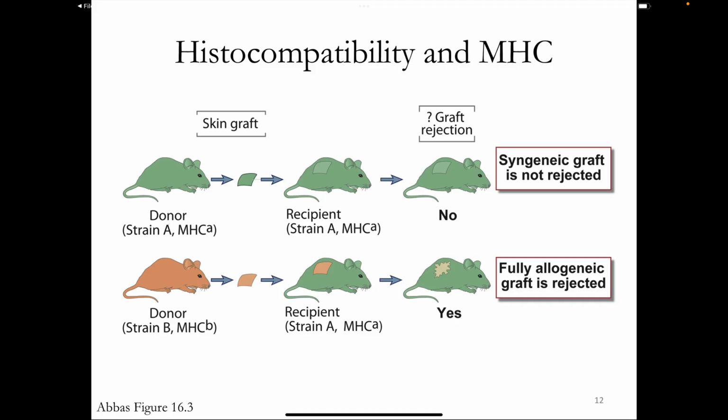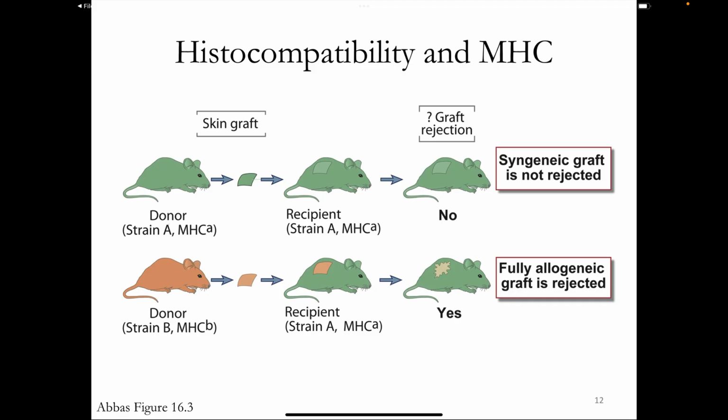The idea with either of those is you are going between two individuals who are genetically identical. Pretty easy to do in mice, not quite as easy to do in people. And so you can see this syngeneic graft, not rejected, so MHC matching.